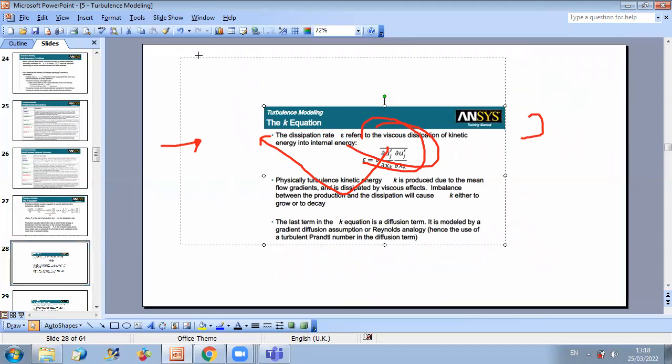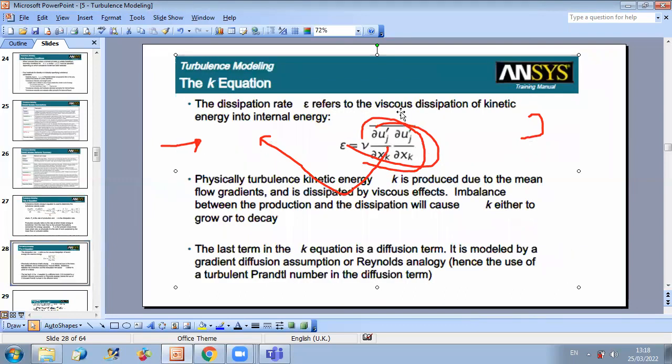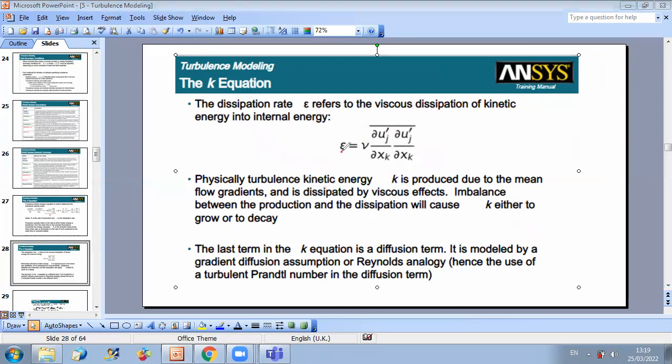Now, the dissipation rate definition is as follows. So the dissipation rate is related to the Reynolds stress, okay, times the eddy viscosity. So as you can see, all of these parameters defined, epsilon and K, will be related to the fluctuating component.